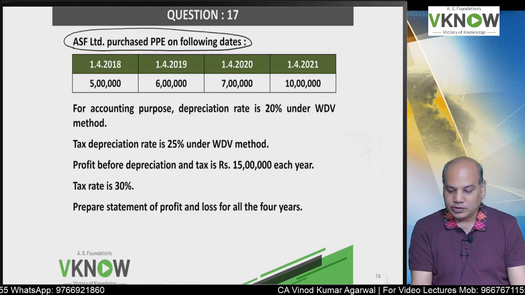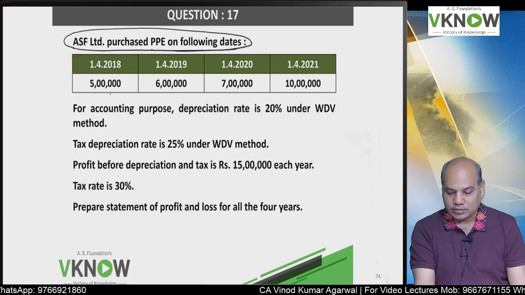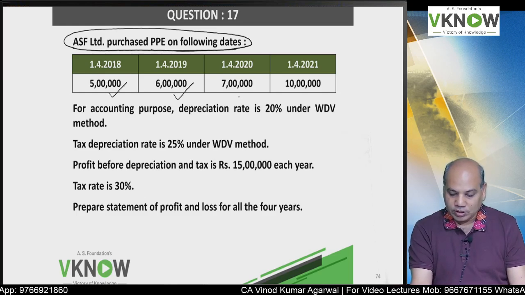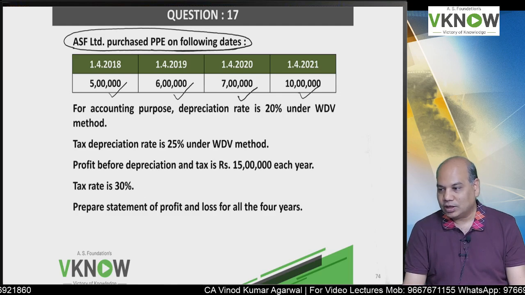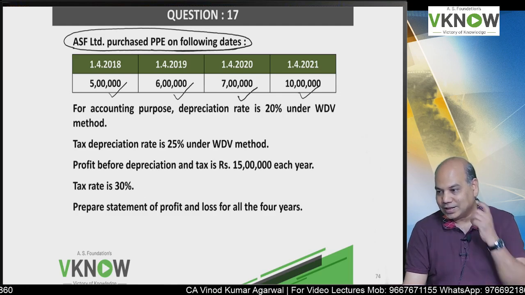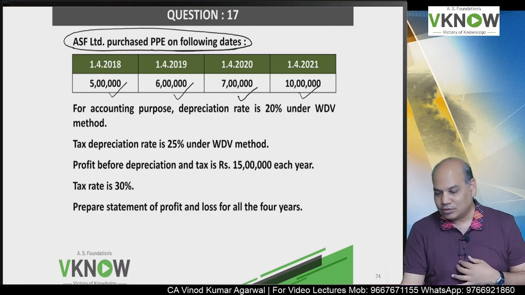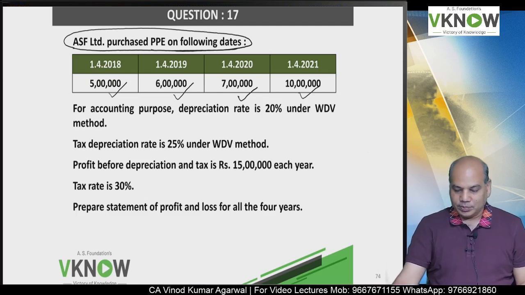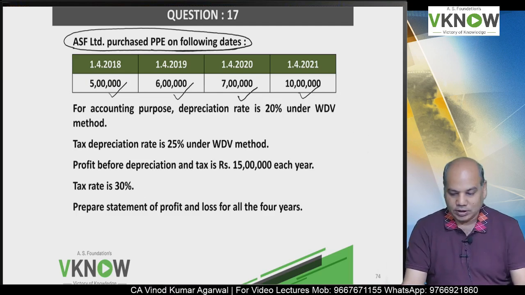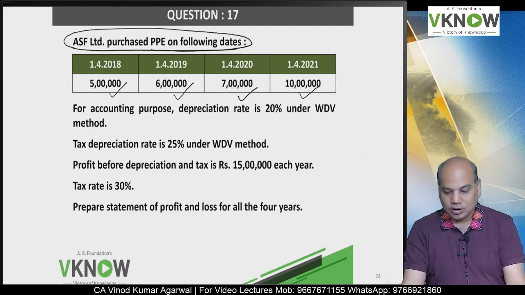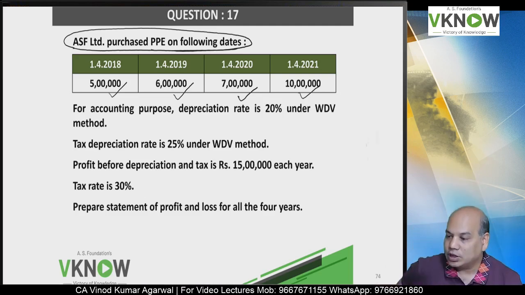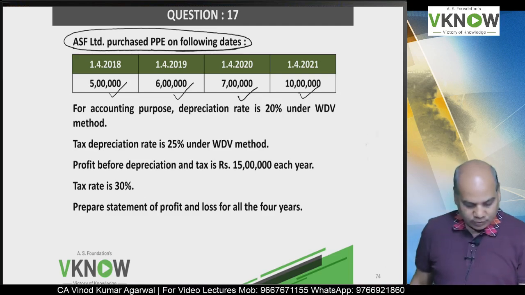ASF Limited purchased PPE on the following dates. So this is going to be a lengthy problem because 4 years are involved and the amounts of PPE purchased are also there. For accounting purpose, depreciation rate is 20% under WDV method, and for tax purpose the depreciation rate is 25% under WDV method.